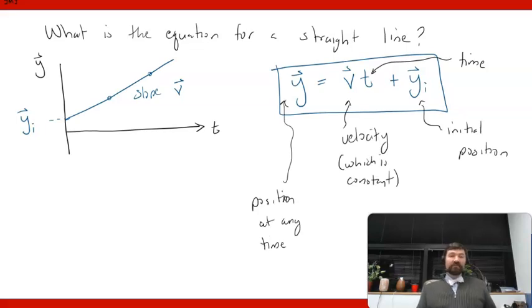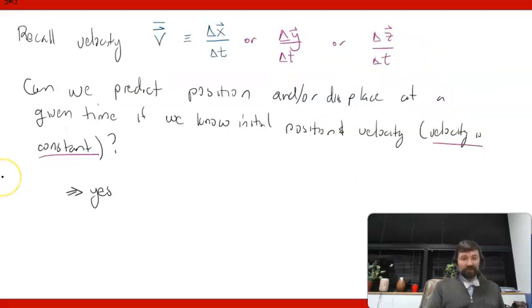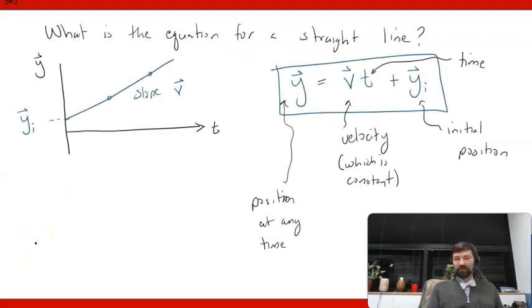All right, so that brings us back to our original question, which we answered as a definitive yes earlier. Can we predict the position and or the displacement at a given time if we know the initial position and the velocity? We said yes, but now we've answered it a little more completely because we have an equation which will predict for us the position at some time given a velocity, which is constant, and given an initial position.